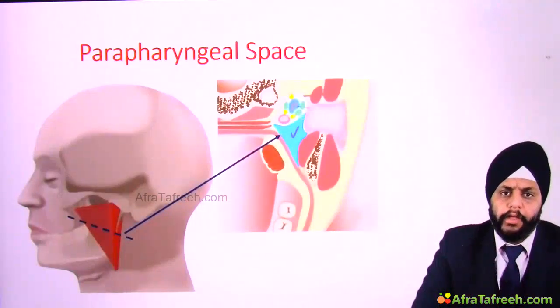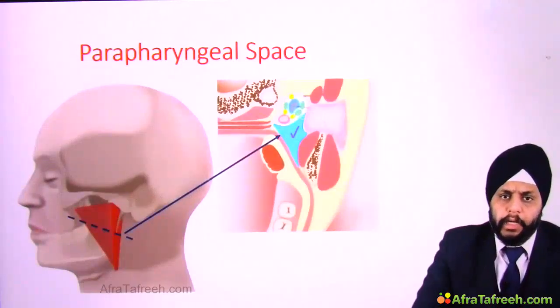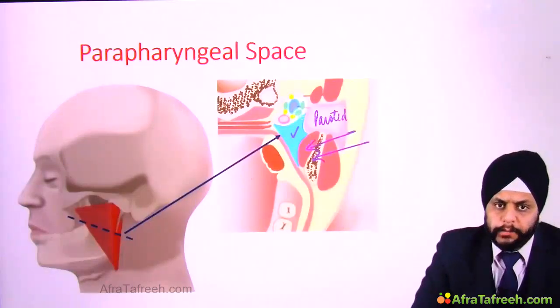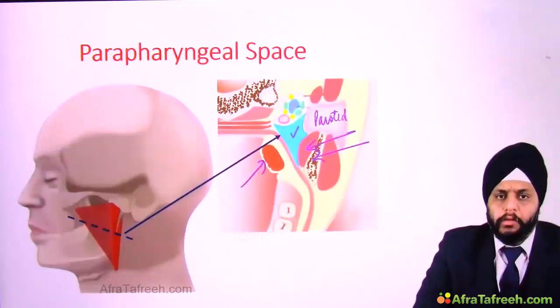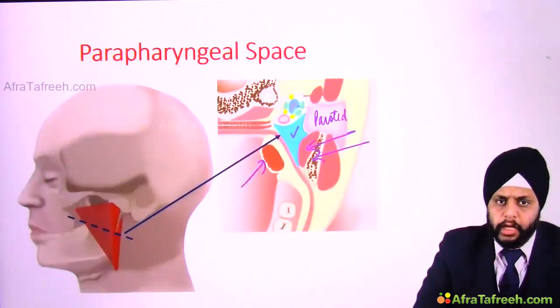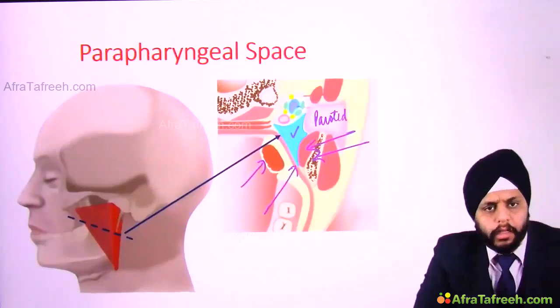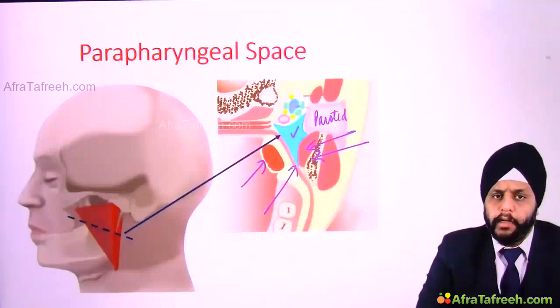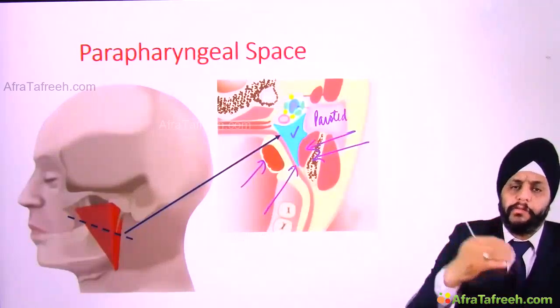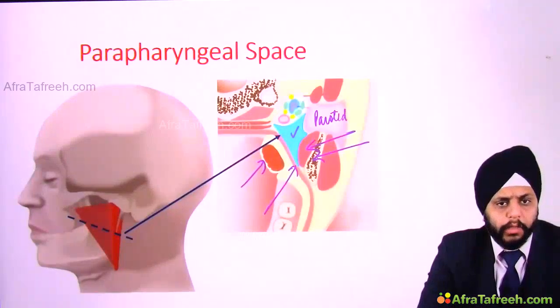This is the parapharyngeal space. The lateral aspect is formed by the parotid gland, the ramus of mandible and the medial pterygoid. The medial aspect is formed by the buccopharyngeal fascia, supported by the superior constrictor muscle, the palatine tonsil and the soft palate, whereas the posterior aspect is formed by the prevertebral fascia.